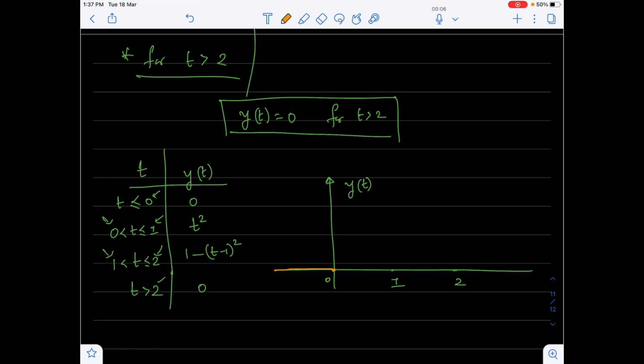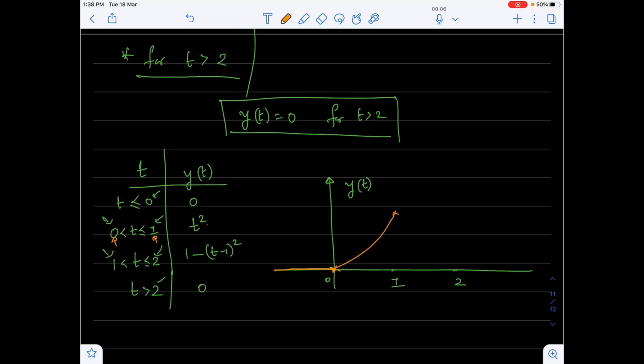So how to plot t square? T square is a curved graph, you know. Just put t equal to 0, so it becomes 0 square, which is 0. Now at 1, t square is nothing but 1 square, which is also 1, and the graph is curved because t square is the equation of a parabola.